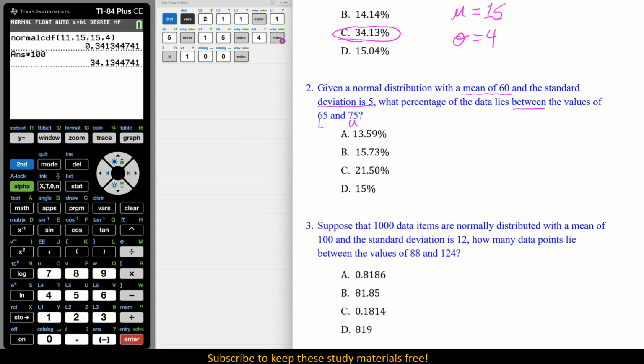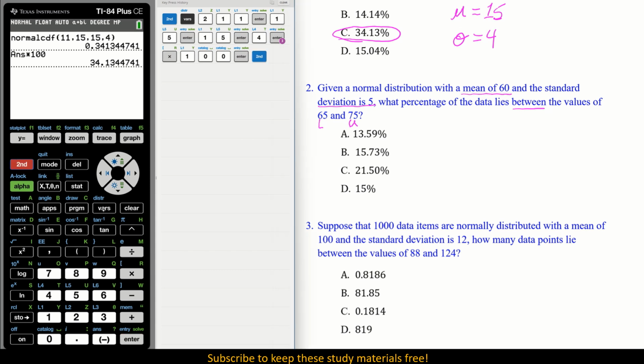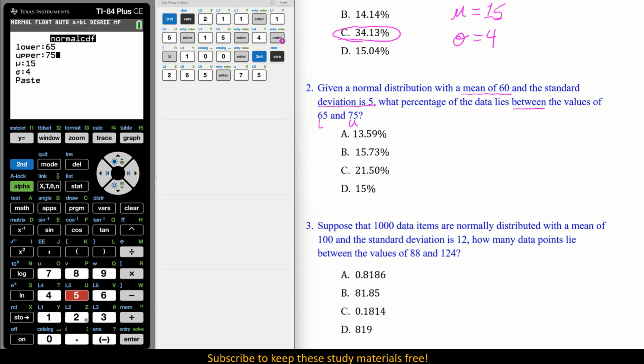The reason we can use them as is, and I'm saying it again, is because we aren't given more information or specific details in our question. So let's do the same thing we did before. Second vars, number 2. Our lower is 65, enter that in. 75 is our upper.